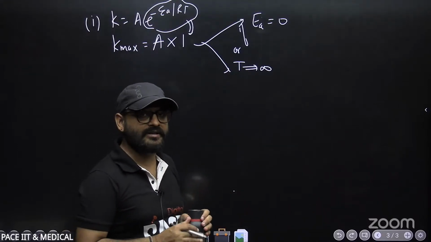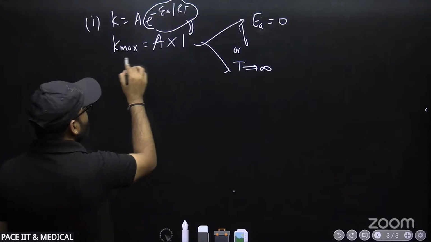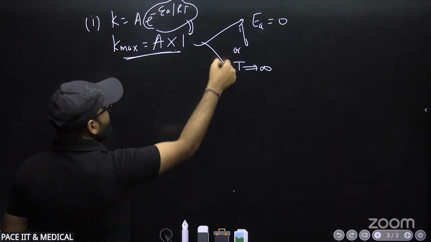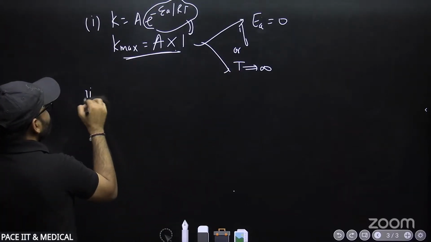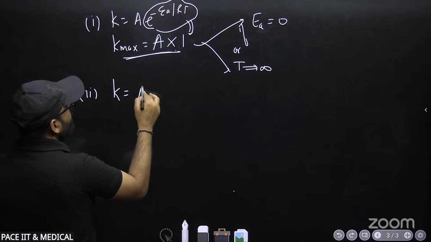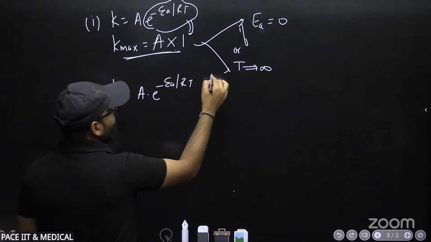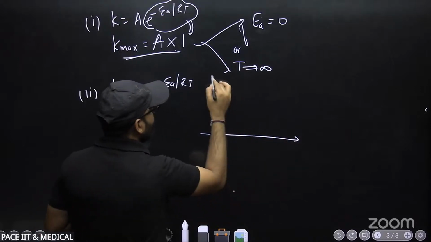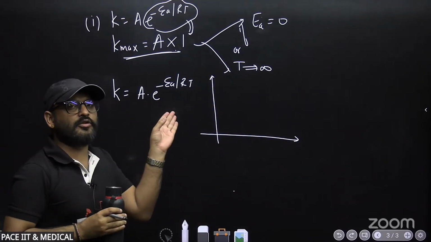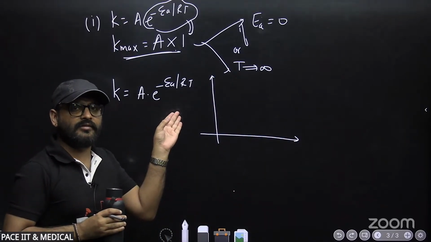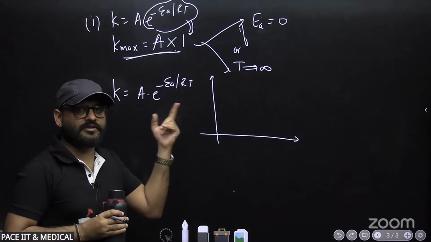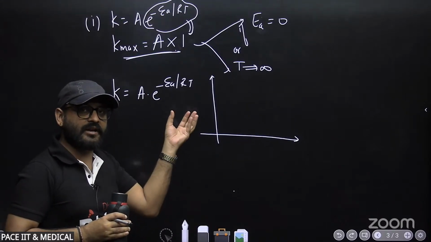This is K max. K max can be equal to A, and this can be reached in 2 ways. Second, K equals A into e raised to minus EA by RT. Its graph is similar to e raised to minus KT. You remember in first order, that T was time; this T is temperature.